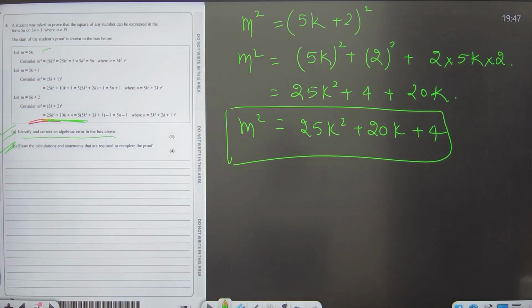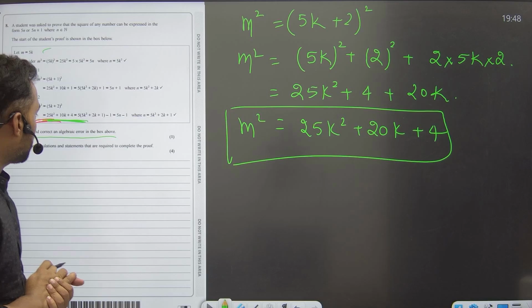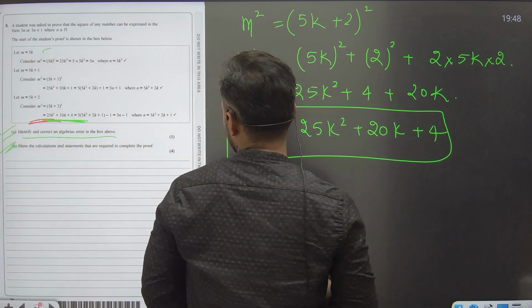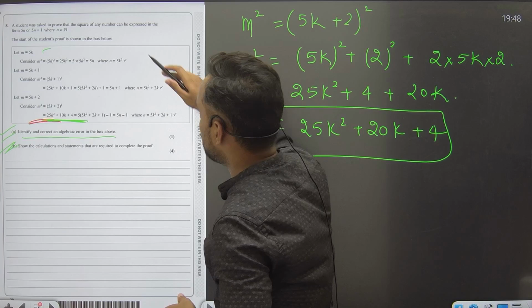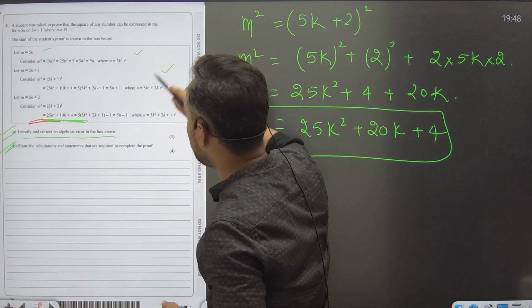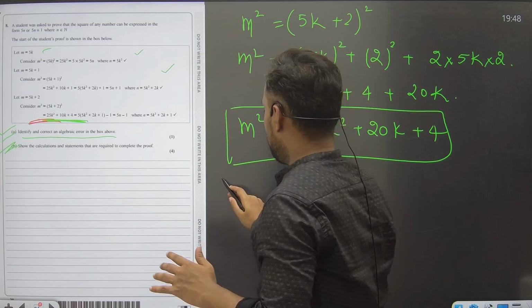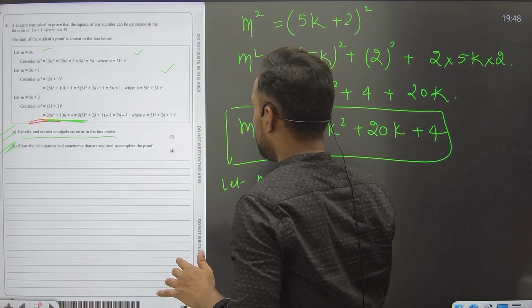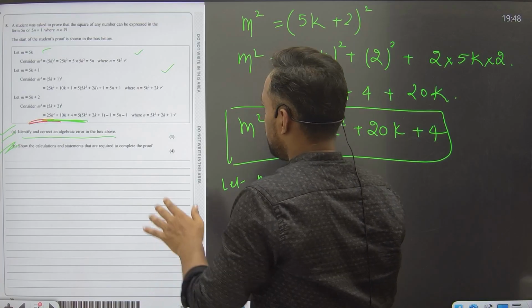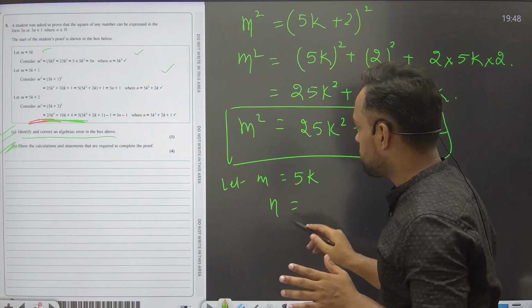Now second is to show the calculation and statements that are required to complete the proof. The first two statements we will write as they are. Let m equals 5k. So here he has written that m square is equal to 25k square, which is correct.